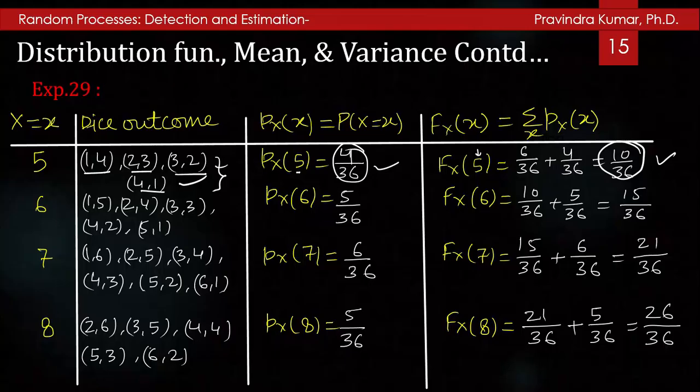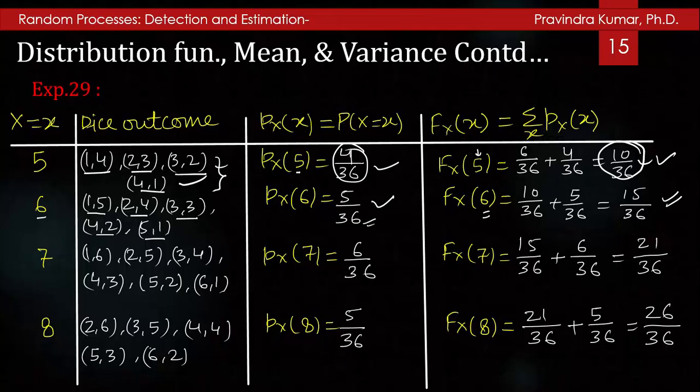And for x is equal to 6 the favorable outcomes are 1 5, 2 4, 3 3, 4 2, 5 1. So the PMF at x is equal to 6 is 5 by 36, and the CDF at x is equal to 6 will be 10 by 36 plus 5 by 36, it is 15 by 36.